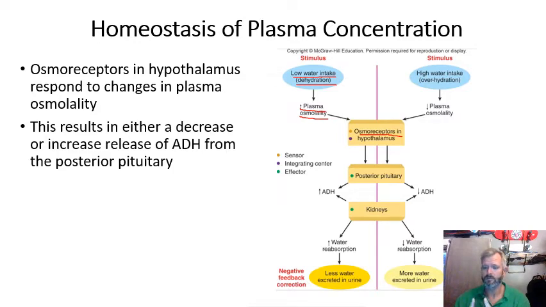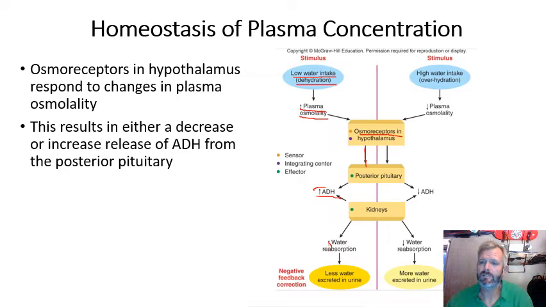So in this case, we would want ADH to be high. We would want to release ADH, and that's what happens here. Posterior pituitary releases that ADH, and what's the ADH going to do? It's going to cause that water reabsorption. It causes aquaporins to be inserted. Now water can leave the tubule and be reabsorbed back into the bloodstream.